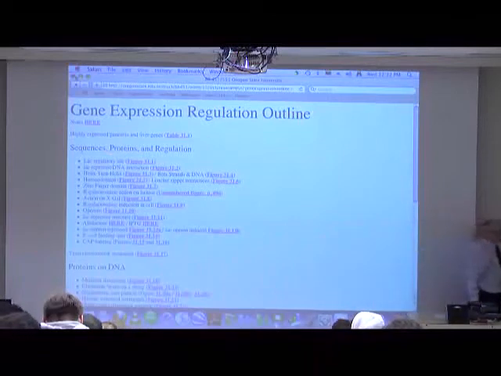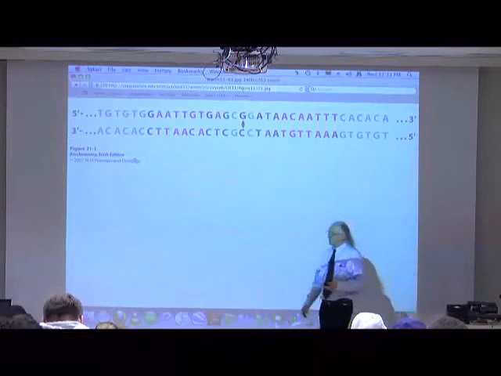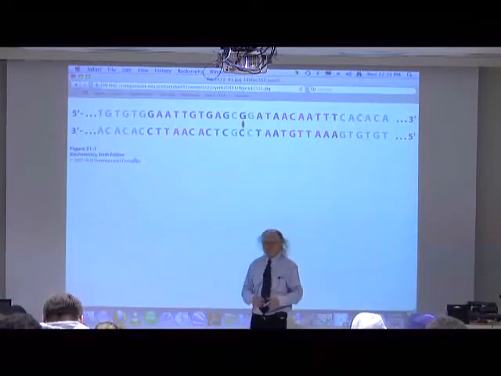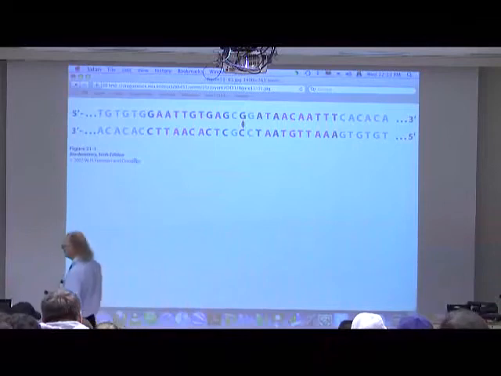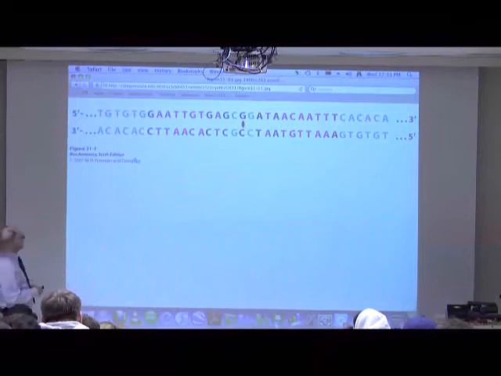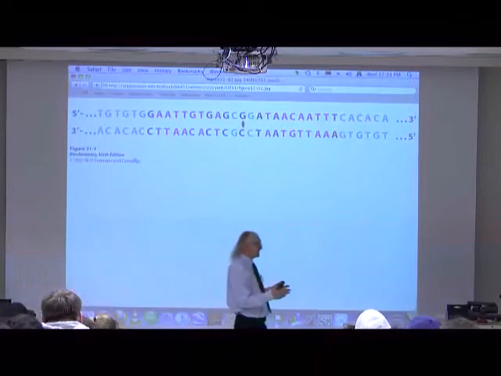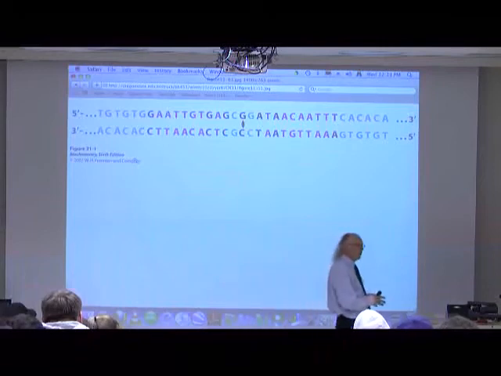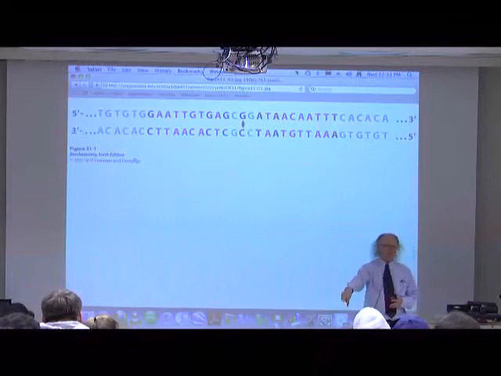Well, let's look at the control region, the promoter region of the lac operon. Of course you haven't memorized the sequence, and I don't expect that you will, but one of the things we see is that we don't see control sequences that look like TATA boxes very well. And I told you that if we don't match that TATAAT very well, the efficiency of transcription goes down.